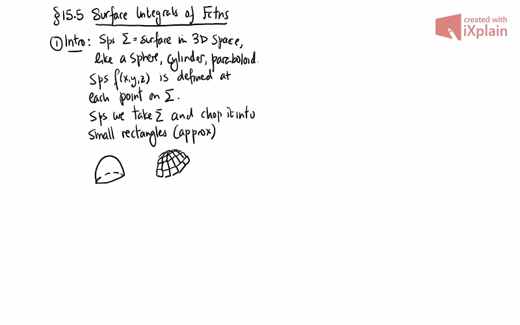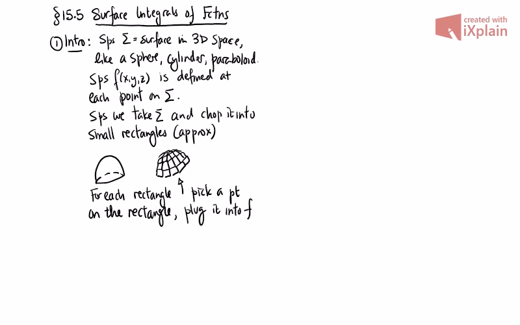Then for each rectangle in this new picture, pick a point on the rectangle, plug it into f, and multiply that value by the area of the rectangle.